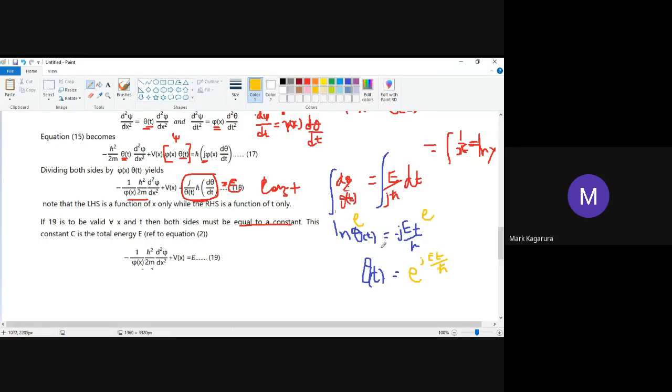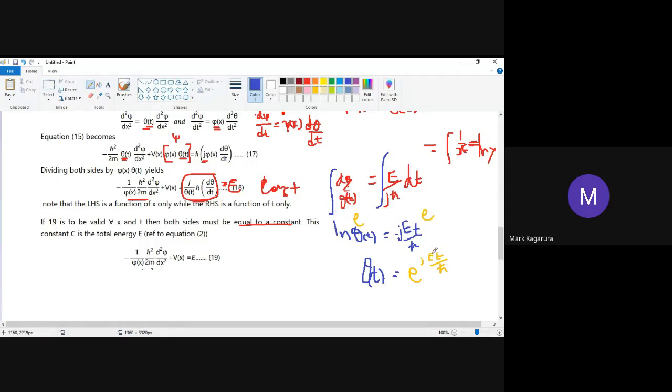I think this should be h bar. That looks a bit weird. So that, yeah, that's it. Yep, we have it there.